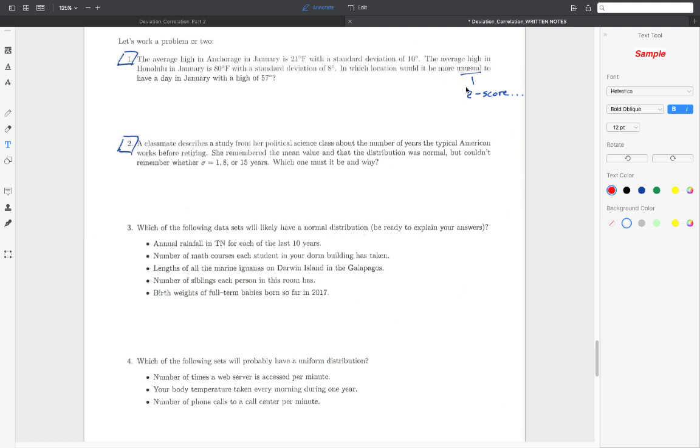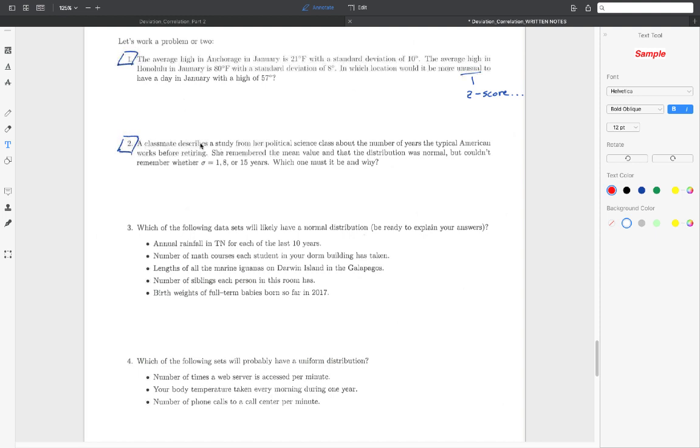So what we're looking for is the z-score of this data point in both of these different data sets. What's the z-score of 57 degrees in Anchorage, and what's the z-score of 57 degrees in Honolulu? And which one's more unusual? In other words, which one's more standard deviations away from the mean, and less likely to occur?